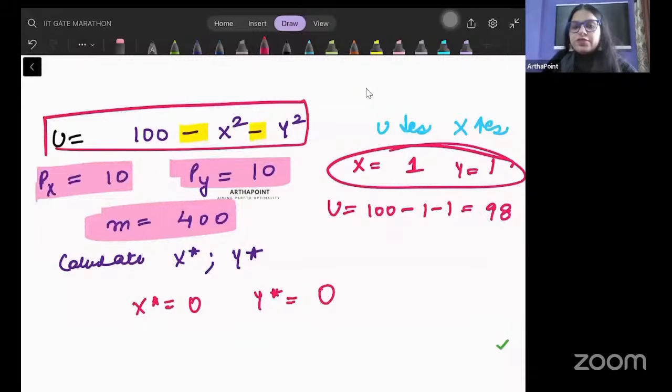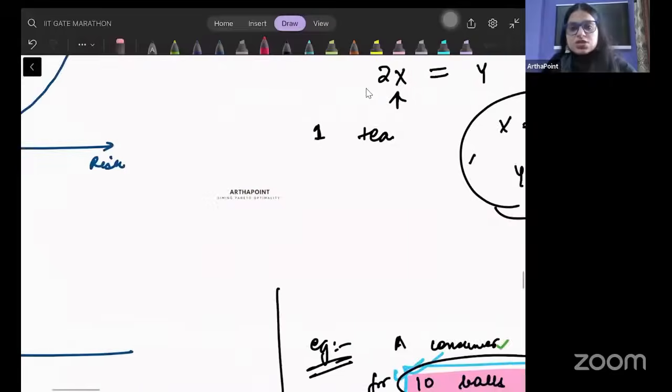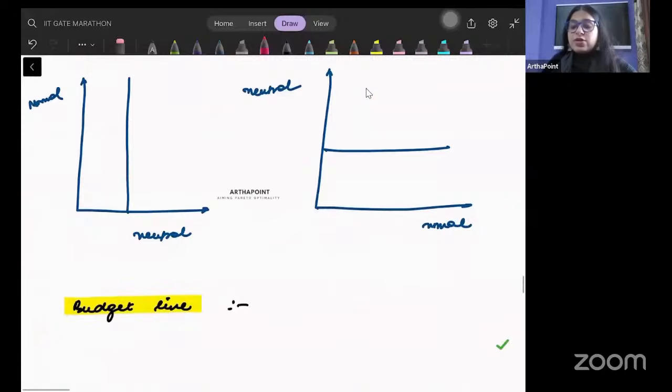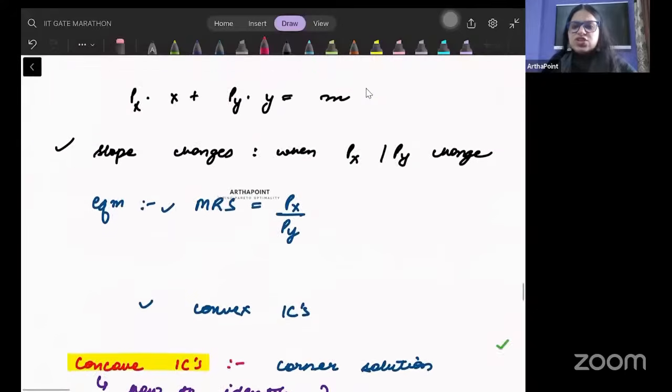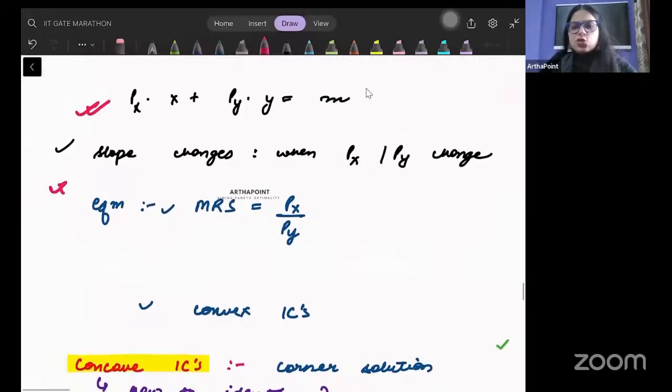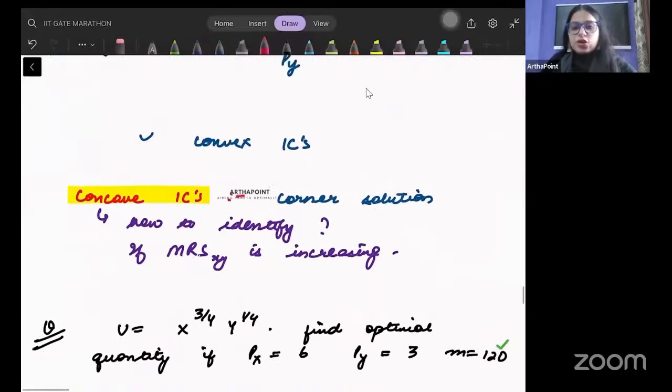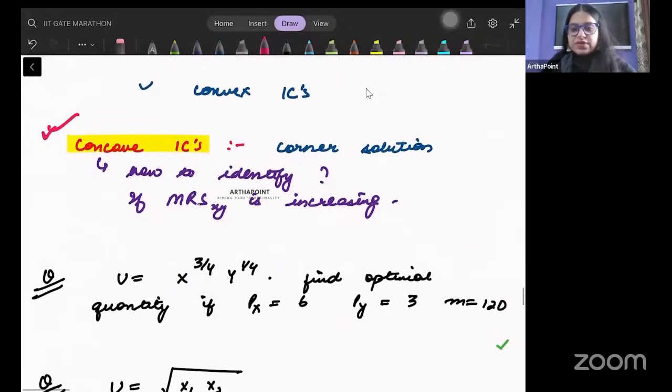From the point of view of exam, how to deal with bad goods. You will consume 0 units of bad goods if possible. Okay, then you have budget line. In budget line we know what changes the slope of the budget line, and concave ICs I have already asked you to deal with them.